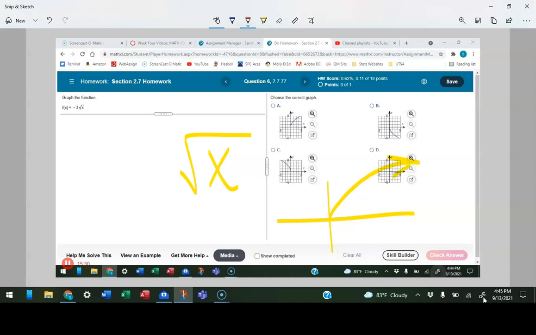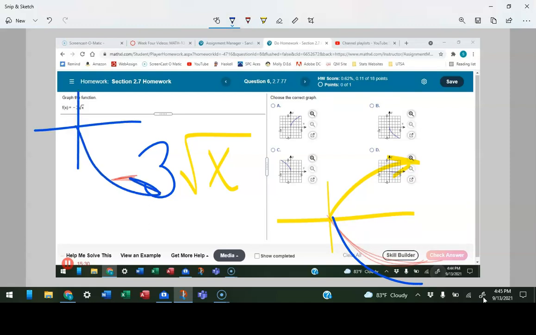You've got a negative, and then you've got a 3. What does the negative do? It flips it, so it's down this way. And what does the 3 do? It stretches it, so it's going to be taller and skinnier. So what you're looking for is something tall and skinny that got flipped.